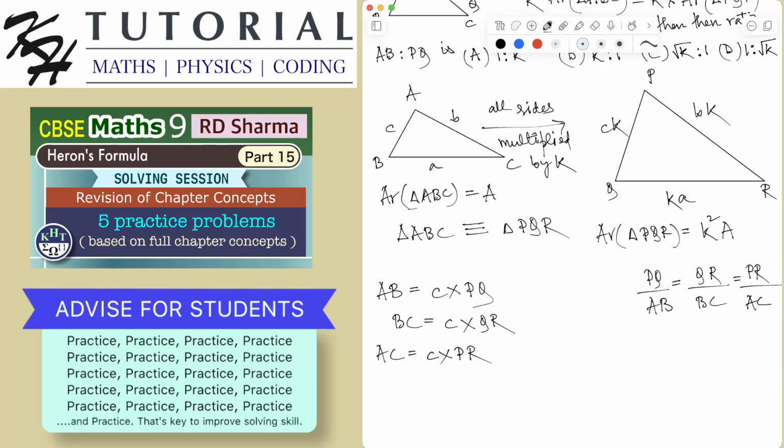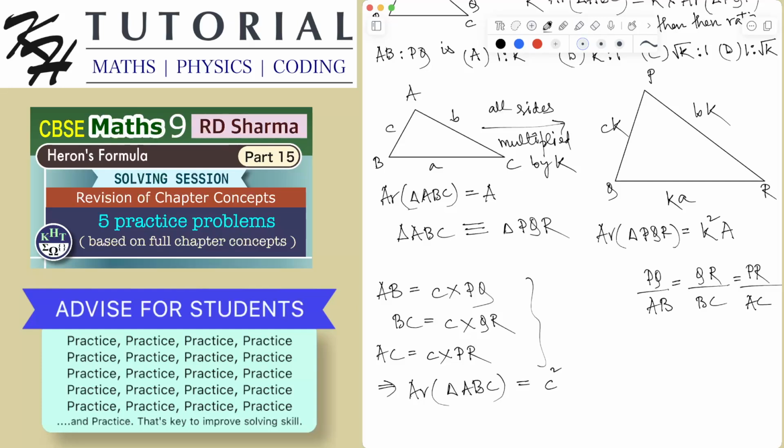So from this fact we can clearly say that the area of triangle ABC must be equal to C square, as I just mentioned, when you multiply all the lengths of the sides of a triangle by the same non-zero constant K, the area of the new triangle formed is equal to K square times the area of the original triangle.